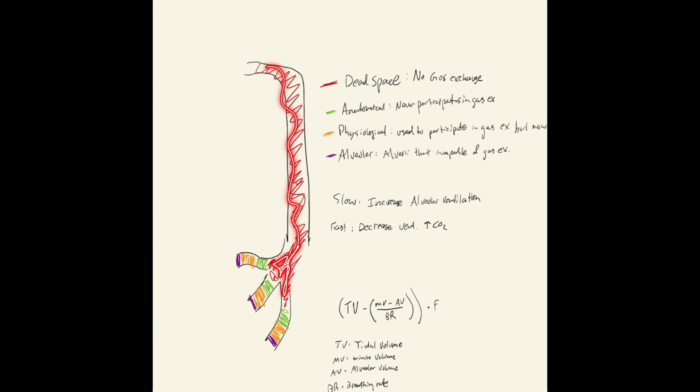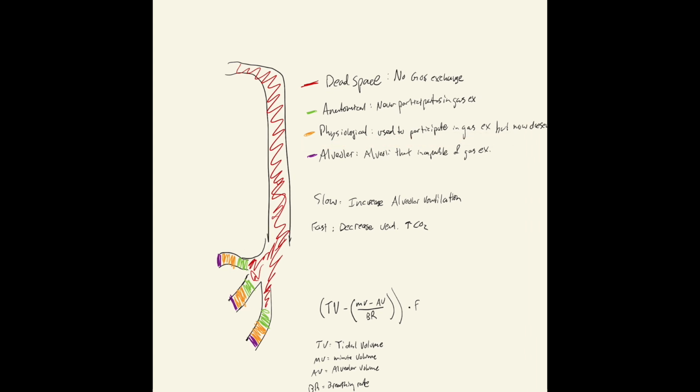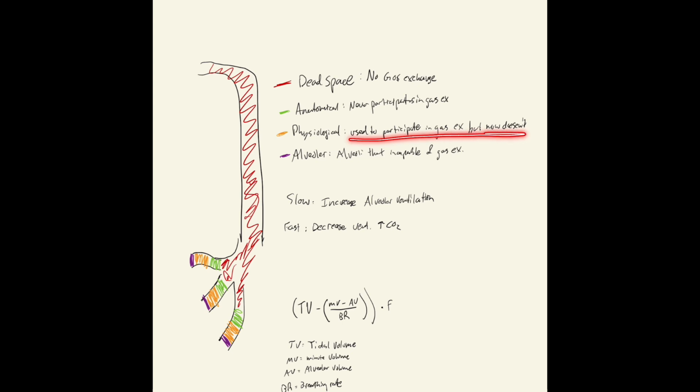Oxygen is coming in and it's all present, but there's no exchange of the gas. Here in these green sections, we have the anatomical sections, and these never participate in gas exchange as well. This orange section is the physiological section, and it used to participate in gas exchange, but now does not. And then finally, we have the alveolar area, the alveoli that are incapable of gas exchange at the current time.